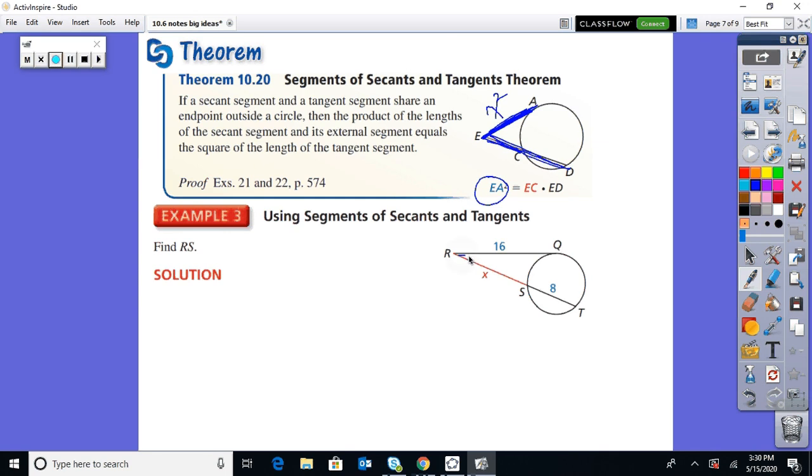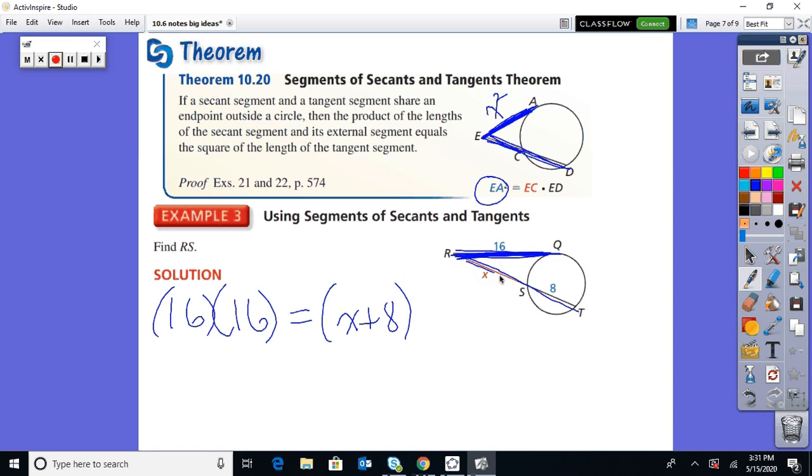So I've got the whole big thing, 16, times the outside piece, which is also 16. So it really plays the same game as theorem 10.19, but it's a secant and not a tangent. The other side is still a whole big thing, x plus 8, times the outside piece, which is x.